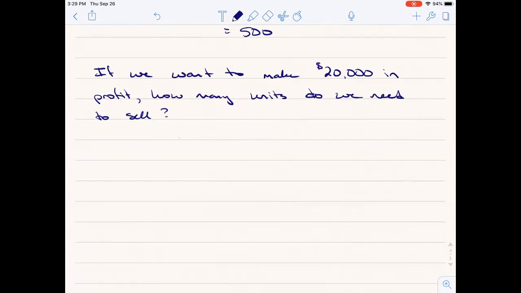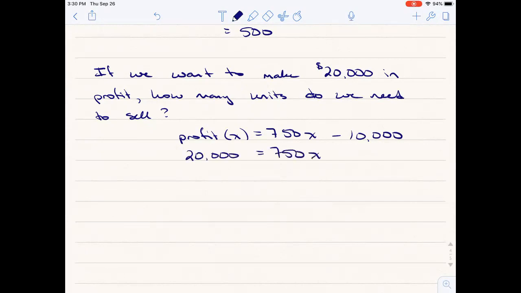So we go back to our profit function. I'll just do the general profit of X is 750X minus 10,000. Now, instead of plugging in a value for X, I'm going to force the profit to be 20,000 is 750X minus 10,000.